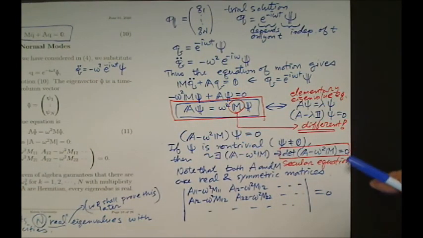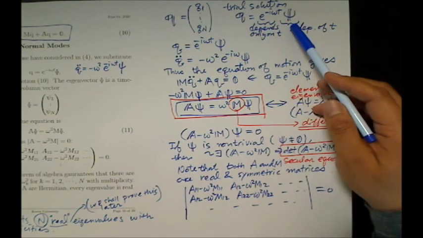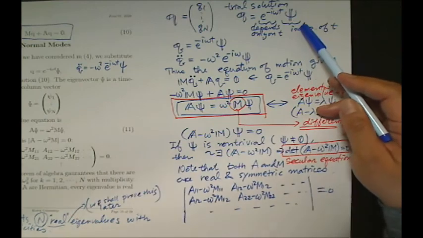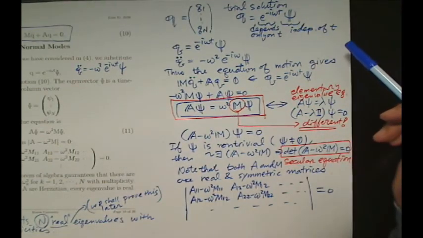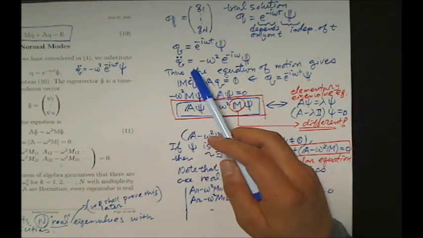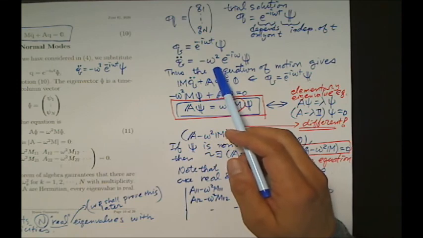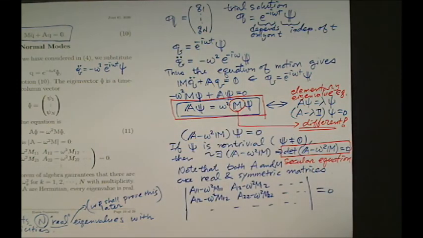coordinates for n particles in a system. We introduce a trial solution based on the separation of variables, where time dependence and particle dependence are separated. The second order time derivative is minus omega squared multiplied by the original vector.